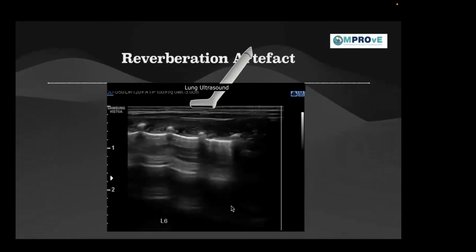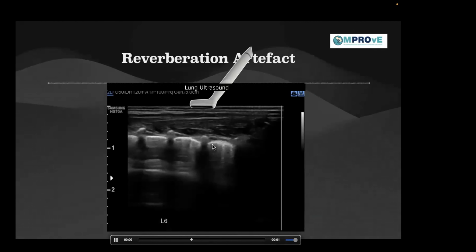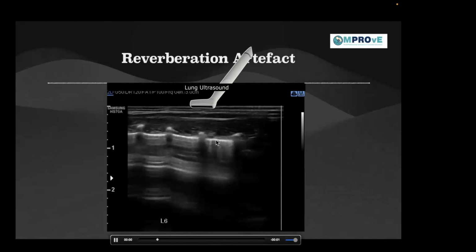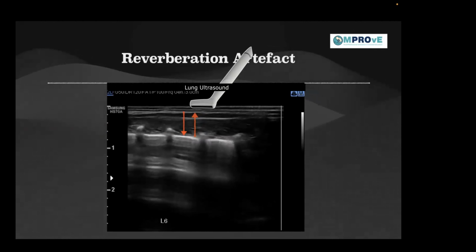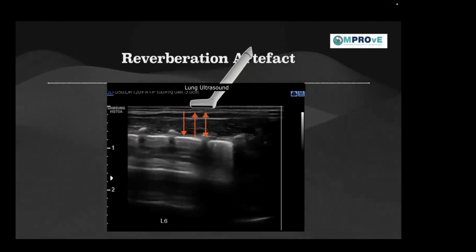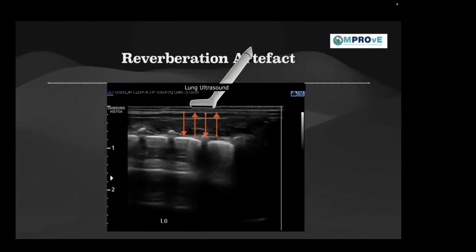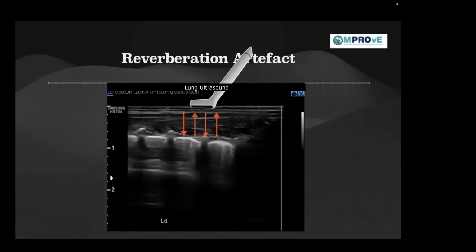You can see that's your probe. You're going to apply it on the chest. We are trying to keep everything as perpendicular as possible. There you can see your rib, and that bright line is your pleural line. So your ultrasonic waves are coming and hitting the pleural line, and it's doing back and forth because the pleura is highly reflective, and none of the waves can pass beyond the pleura because there is air.